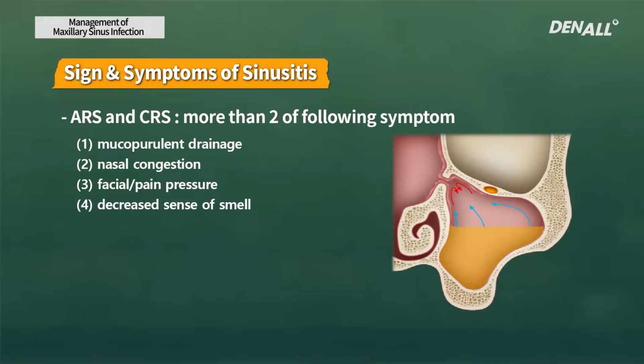Symptoms include nasal congestion or odor coming out from the nose, suppuration from the nose, or passing through the throat. The patients also sometimes complain of pain in sinus area or headache. The patient may also have decreased sense of smell. If there are more than 2 symptoms, you can suspect sinusitis.